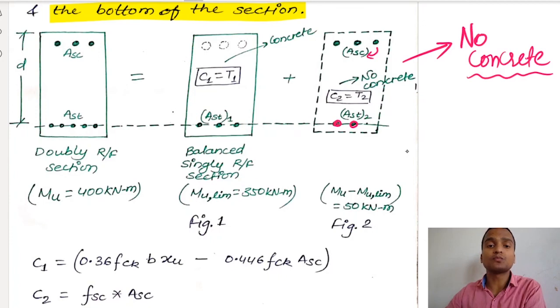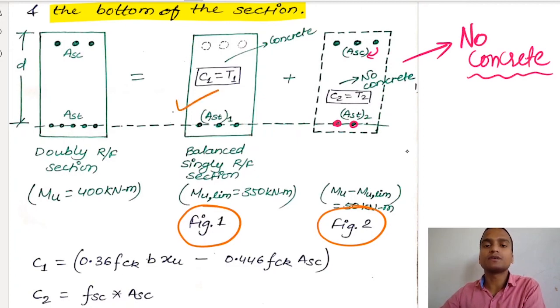Now if we superimpose figure 1 over figure 2, what will we get? In figure 1 there is full concrete, in figure 2 there is no concrete, so ultimately we will get a full concrete structure. Then in these holes we can superimpose these 3 reinforcement bars whose area is Asc in the compression zone. So here is what you get, Asc.